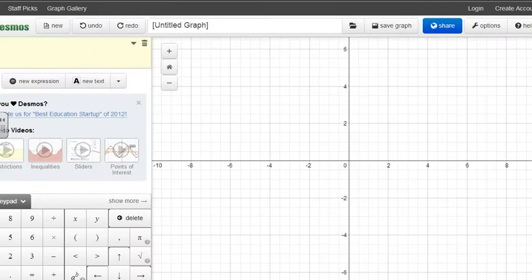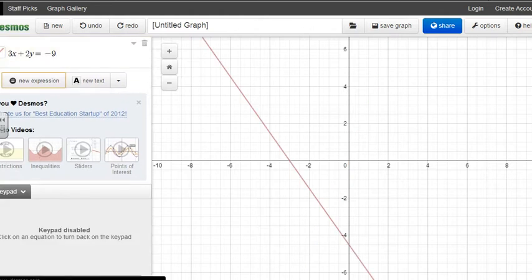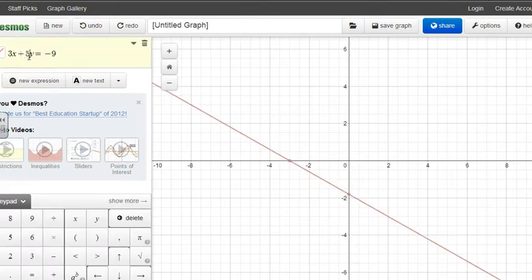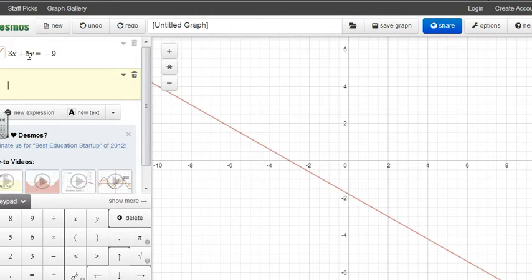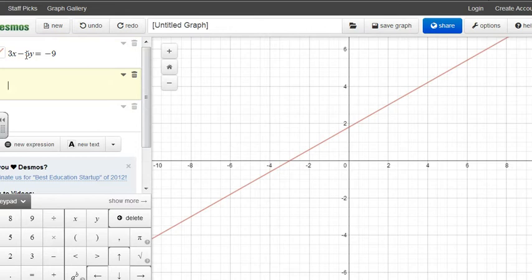All right, what were the equations again? 3x minus 5y equals negative 9, and the other one, 4x plus 5y equals 23.